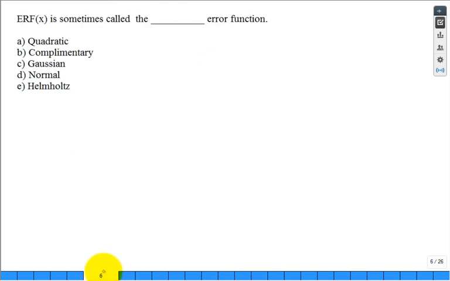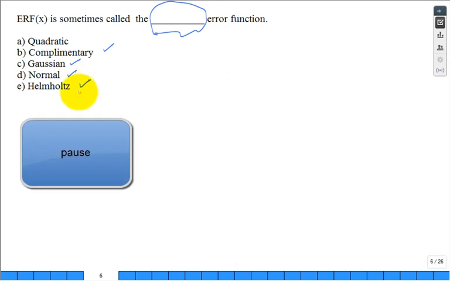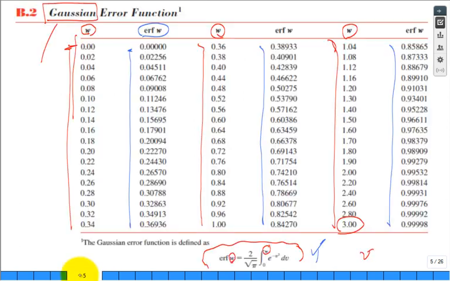The error function is sometimes called the blank error function. Is it called the quadratic, the complementary, the Gaussian, the normal, or the Helmholtz? So what we'll do is we'll pull back and take a look, and it's right there, the Gaussian error function. Now, there's a thing called the complementary error function, and they'll put ERFC of W. What's the C mean?